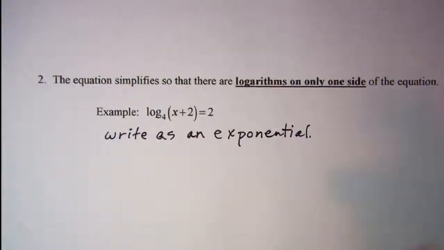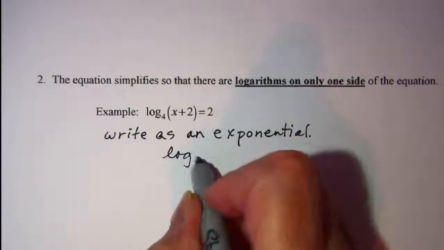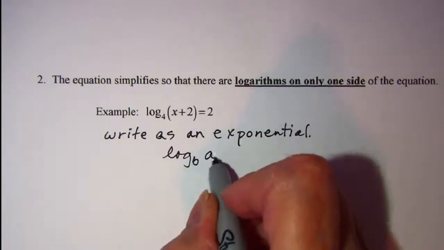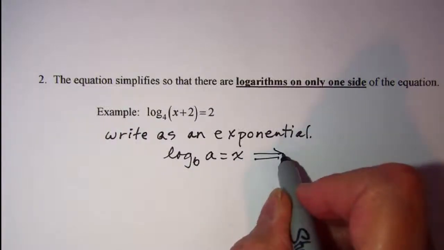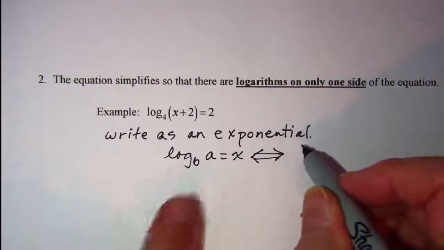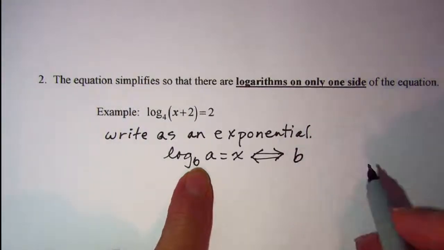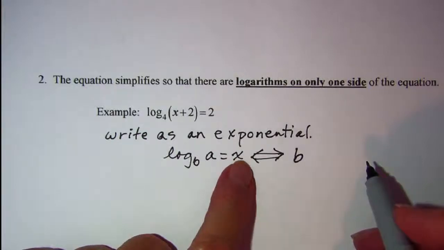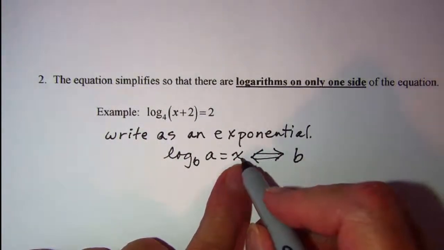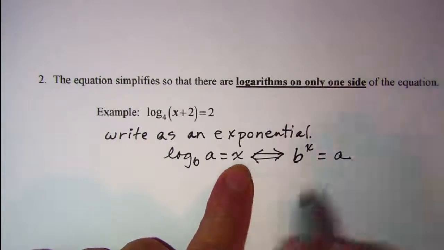Now recall that the rule is basically that the log base b of some argument equals x can be written as an exponential by taking the base of the logarithm and raising that to the exponent. Remember, a log is an exponent, so this is my exponent, and that equals a. So that's my rule.